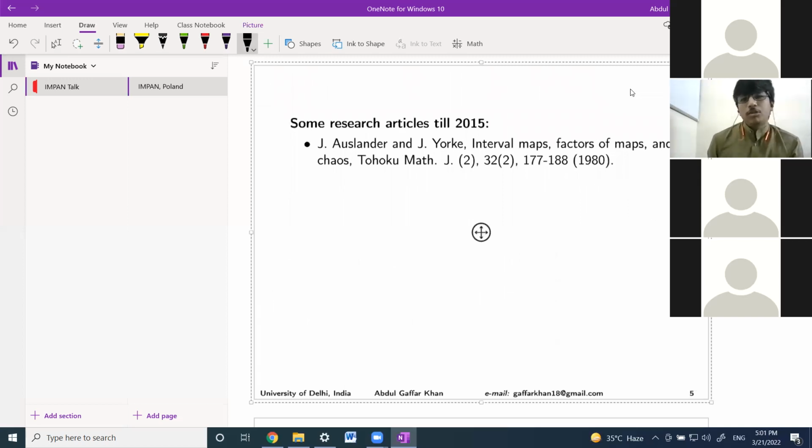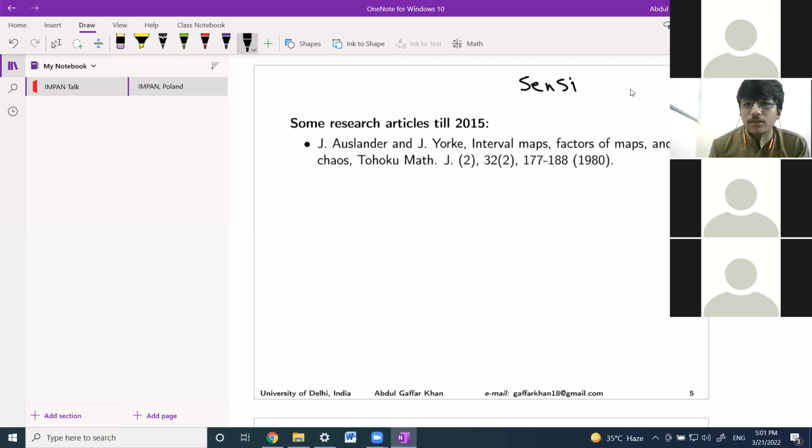Reddy's paper was published in 1970. After that, some attempts had been made in this direction. One can see the notion of sensitive dependence that we have observed. In this paper, Ott and Yorke introduced the notion of sensitive dependence on initial condition in the form of sensitive points. This was in 1980.